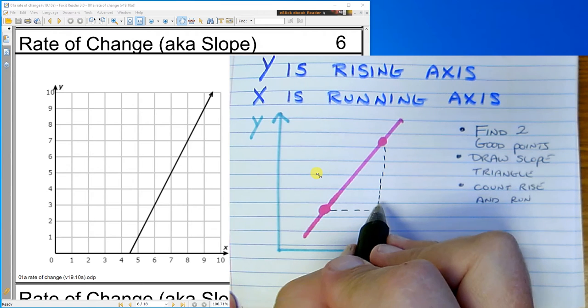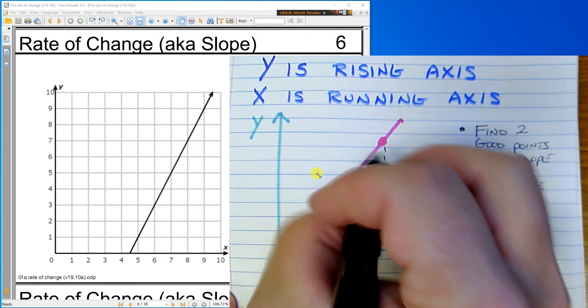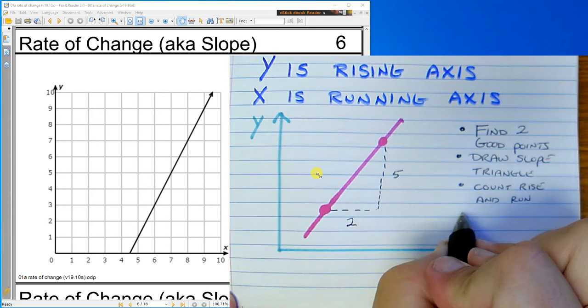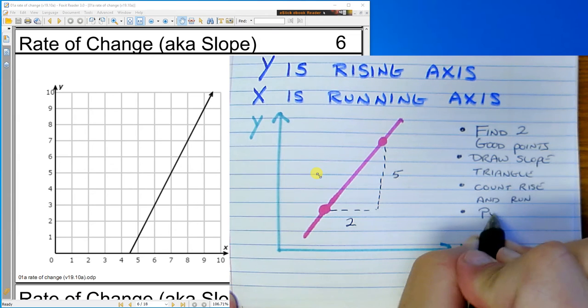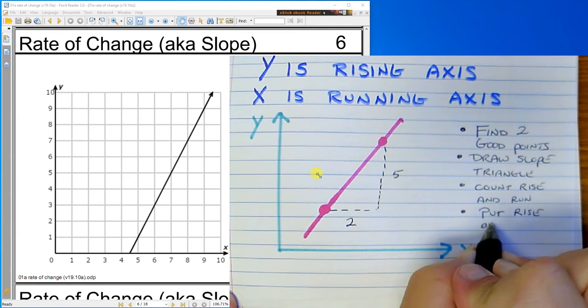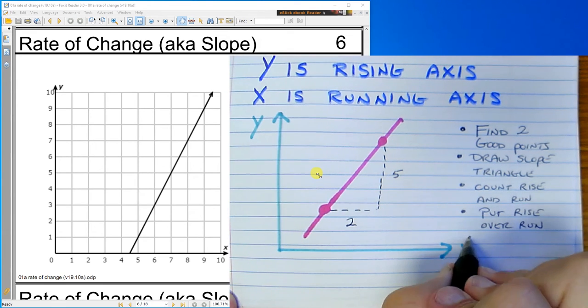So in this case, I'm estimating here, but 1, 2, 3, 4. Let's call this 5 over 2. Put rise over run. And add a negative if needed.